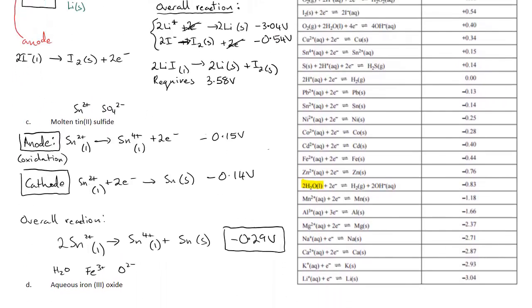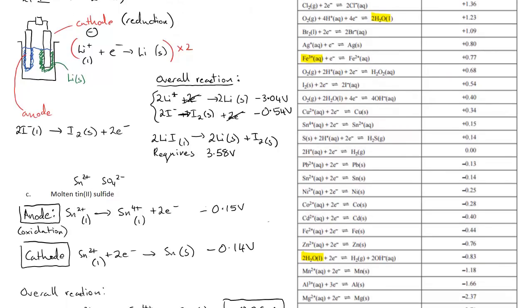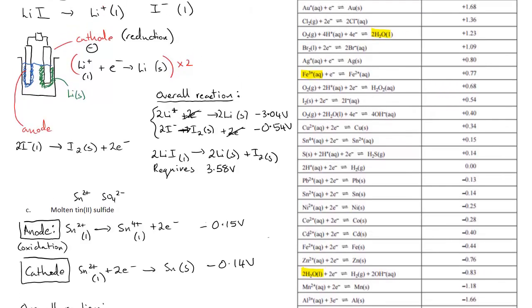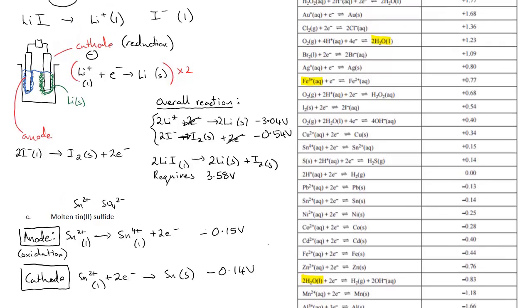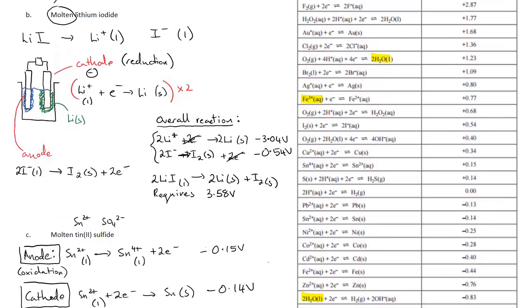If they do happen to provide a half equation for it, then yeah, you might want to worry about that. But in this situation, just based on this electrochemical series, there's no need to worry about it. So those are all the half equations that I can find.